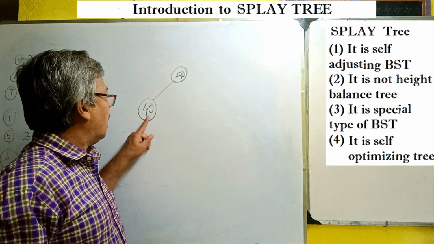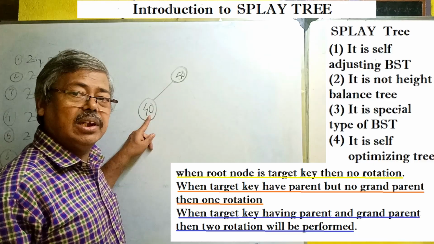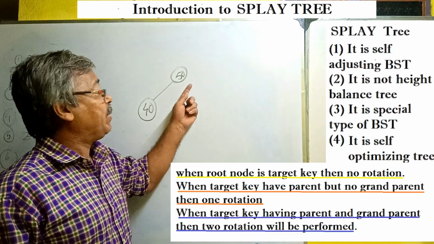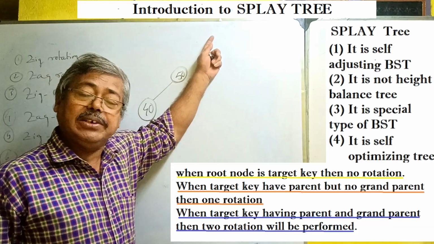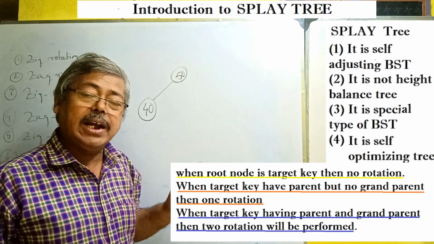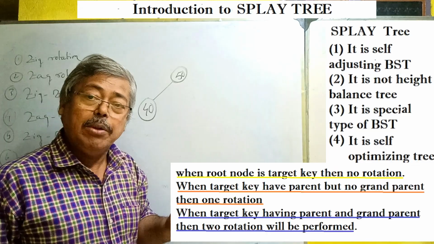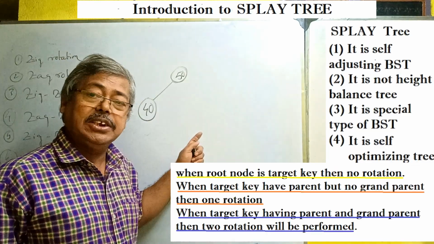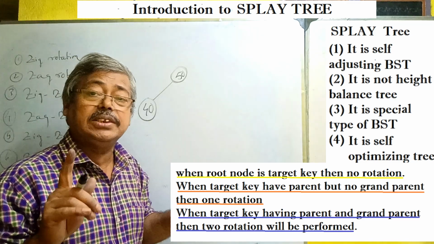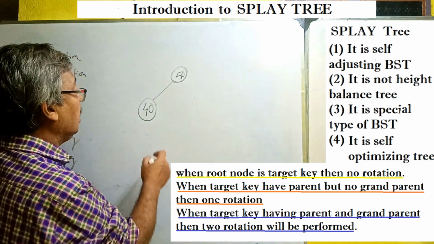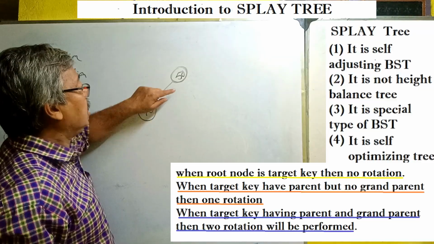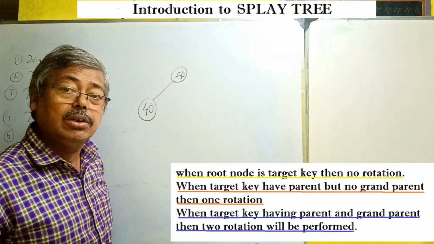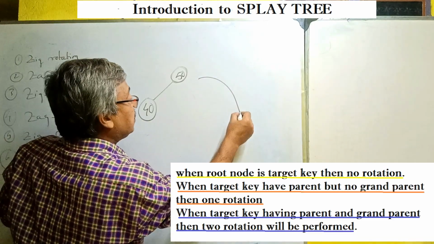If rotation is required, then only one rotation we have to perform when only the parent is present and no grandparent is present. In the absence of a grandparent, when only the parent is present, only one rotation is required. This is the node where only the parent is present.